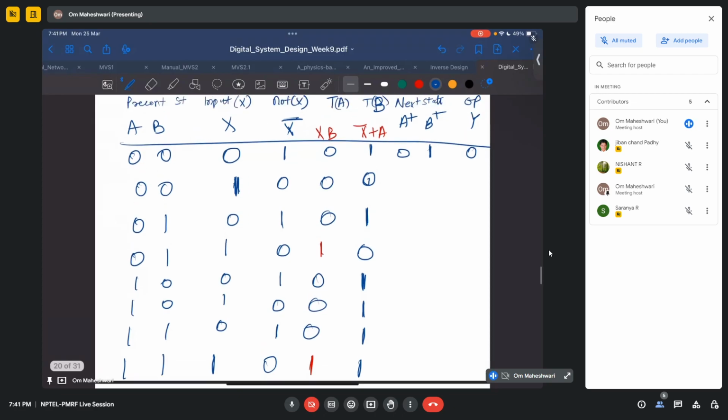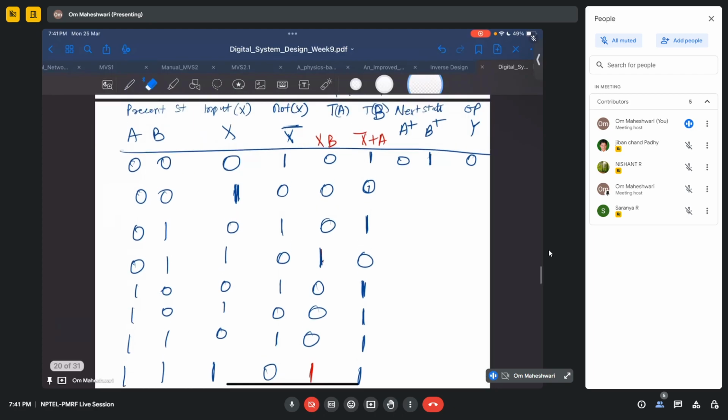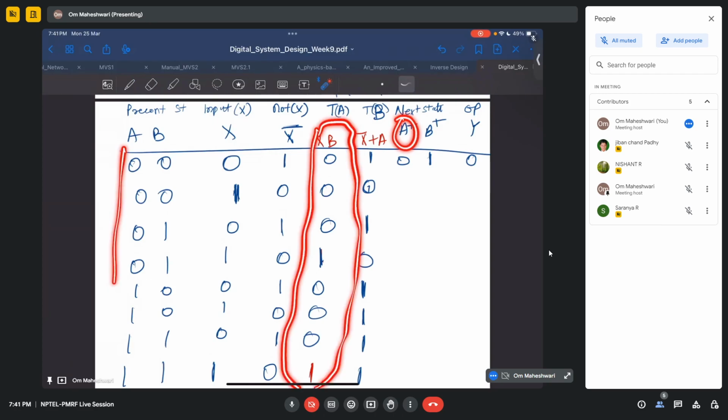अब toggle कब होगा? Whenever the input is 1, the flip flop will toggle। So let's talk about the first one। इसके लिए you look at this and this, right?